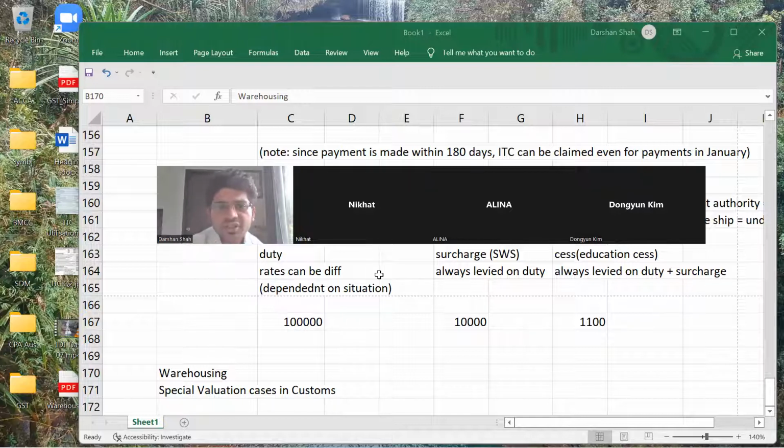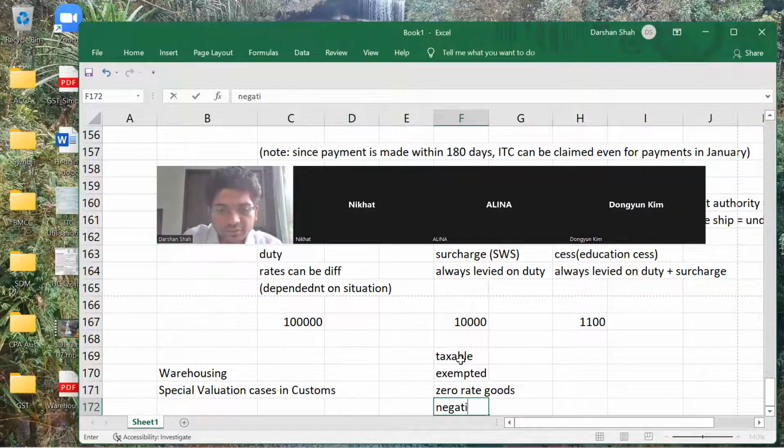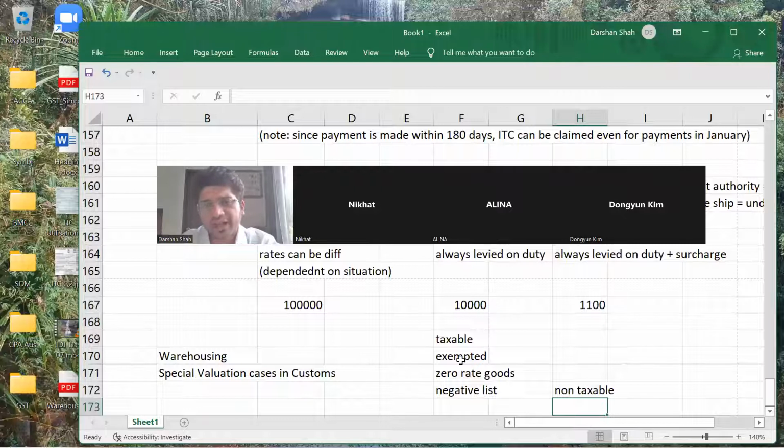Next doubt is, in GST, is zero rated supply the same as negative list? No, I explained that the other day. There is a difference between taxable goods, exempted goods, zero rated goods, and negative list. Negative list means non-taxable; it will not be taxed.